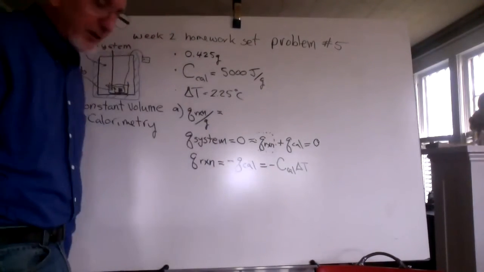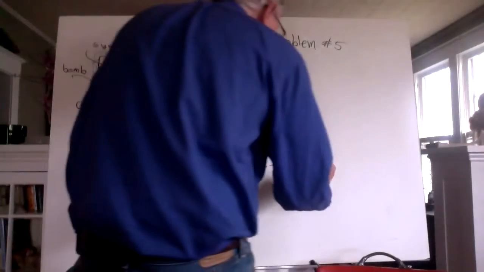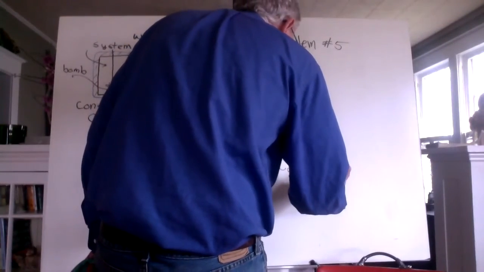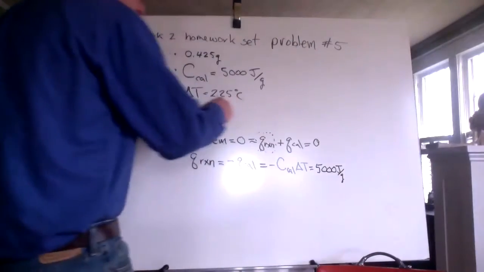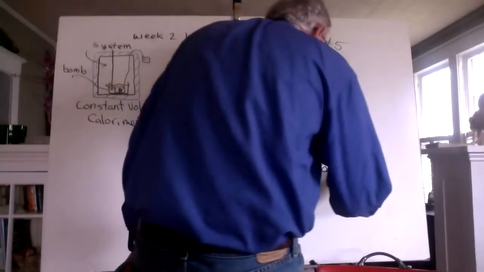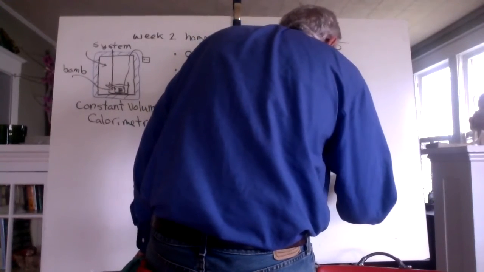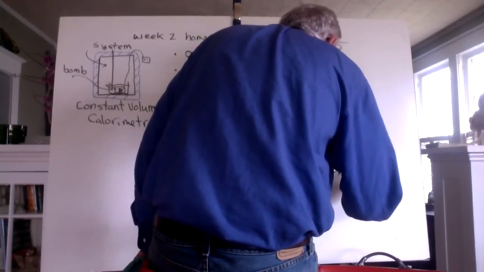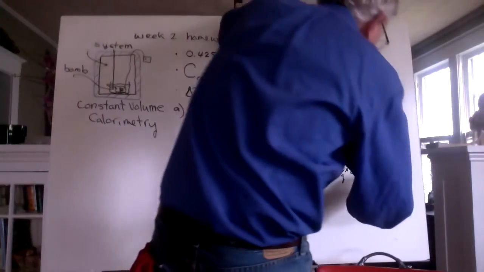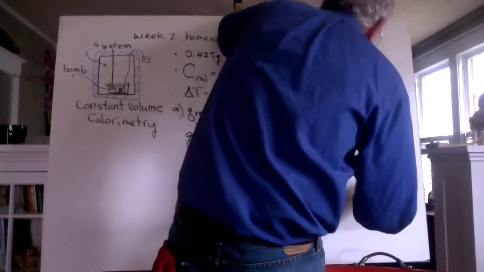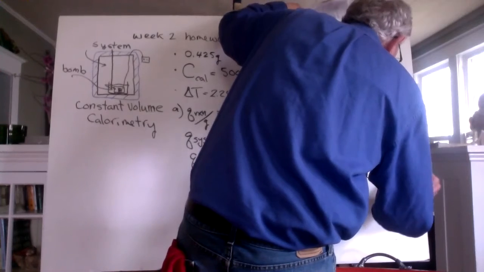Don't drop that negative sign. And now we know what the heat capacity of the calorimeter is. It's 5,000 joules per gram. And we know what the temperature change is. We multiply that by 2.25 degrees C. And what do we get? We get negative 11,250 joules.